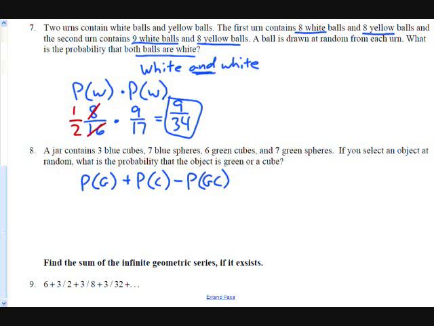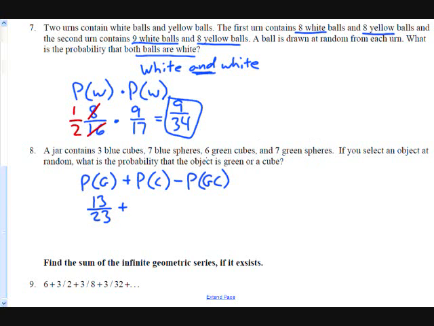If I'm talking about the green, there are 6 green cubes and 7 green spheres, so there's a total of 13 green objects out of a total of 23. Or means we add the probability of a cube. I just look at the cubes.